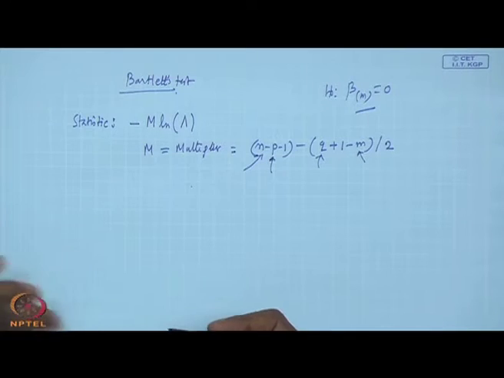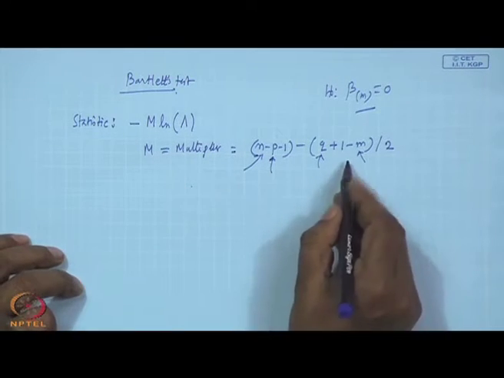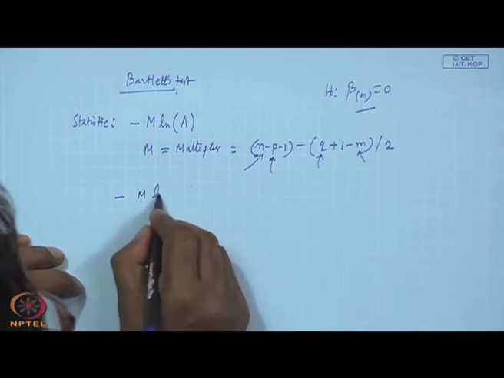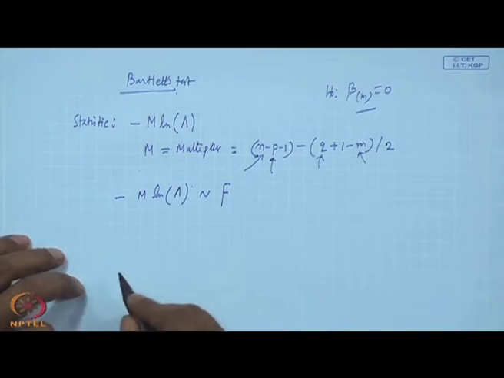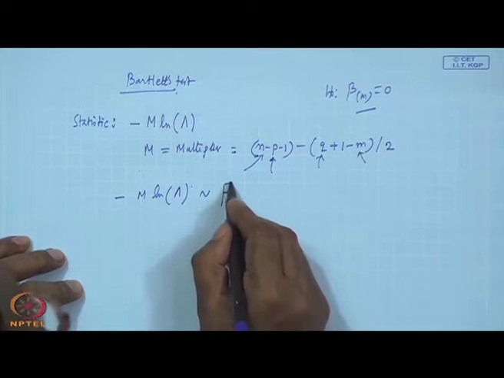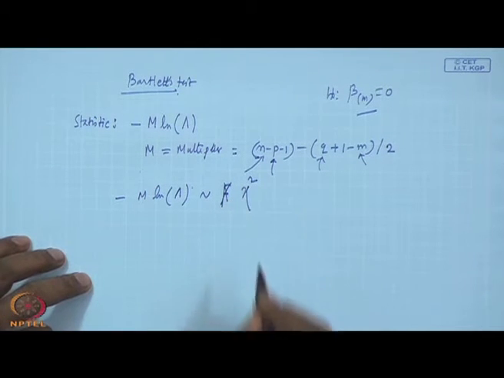Correct. So, under this condition, these statistics, that means minus m log lambda, follow an F distribution, and also follow a chi-square distribution under certain conditions. The chi-square distribution is the one given by Bartlett.